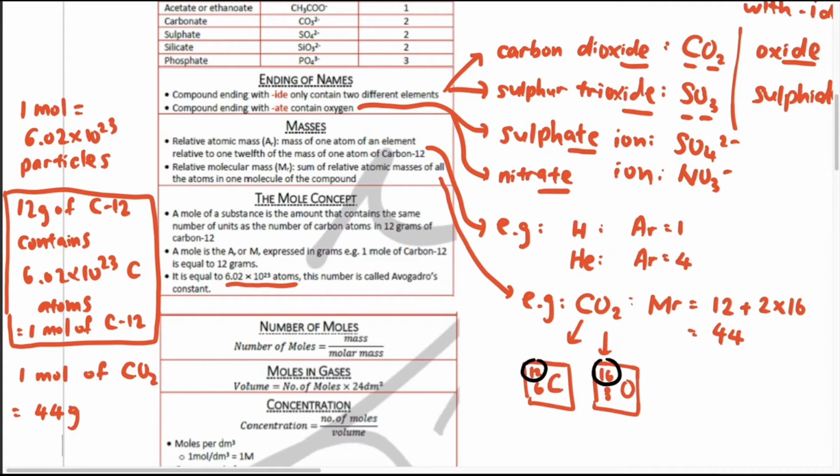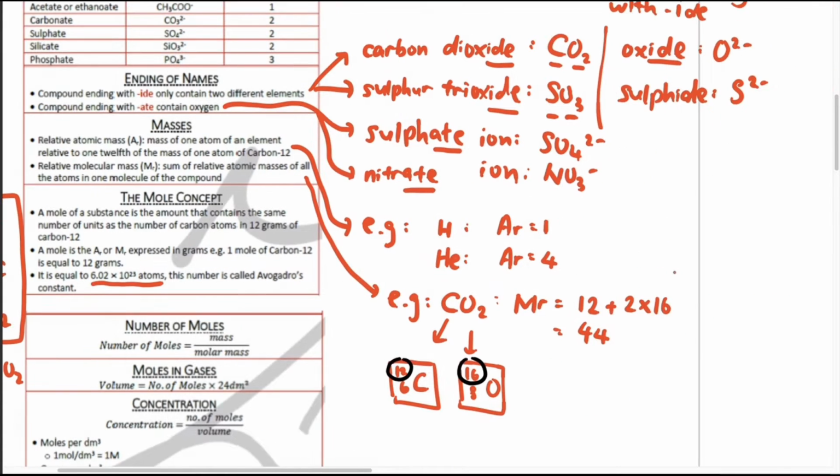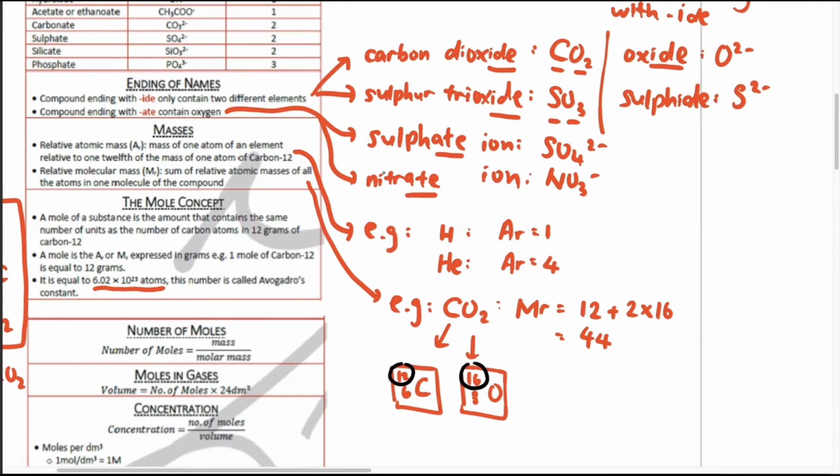That's why it's convenient to interrelate. The Mr is 44, which means 1 mole of carbon dioxide is 44 gram. Let's say another example. If helium has an Ar of 4, that means... So the 44 gram is basically the RAM.